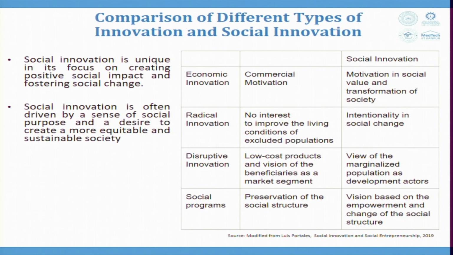When we compare different types of innovation and social innovation, we have placed a table here. Social innovation is unique in its focus on creating positive social impact and fostering social change. This is very important.